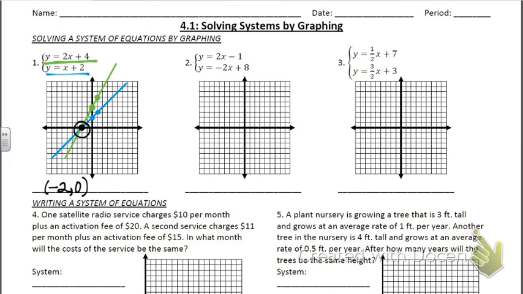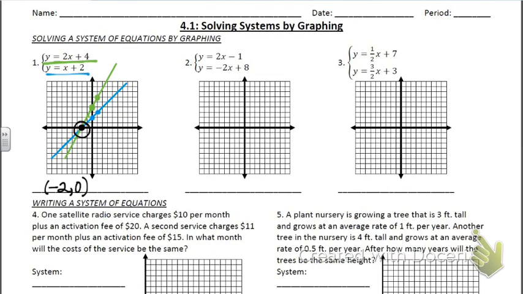So what issues do you see with using graphing as a way to solve a system? Yeah, while we do try and be as accurate as possible, when you are graphing by hand, it's not always the most accurate. If I'm using Desmos to graph a system, do you think it will give me an accurate line every single time? Yes.